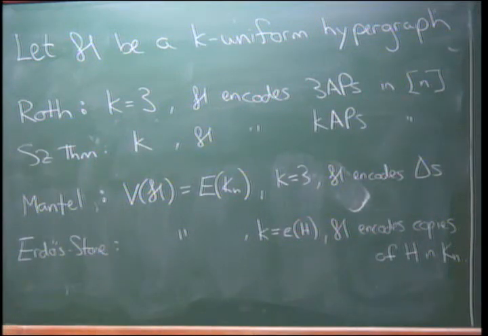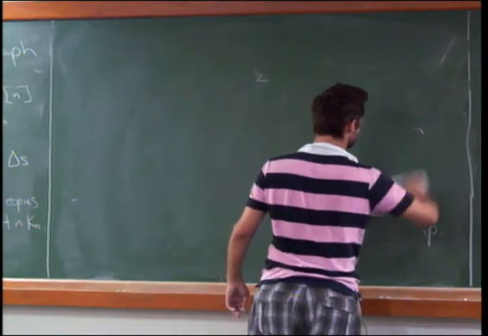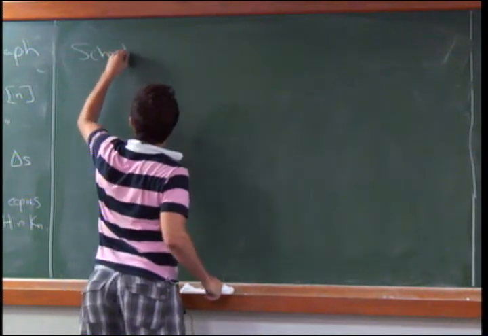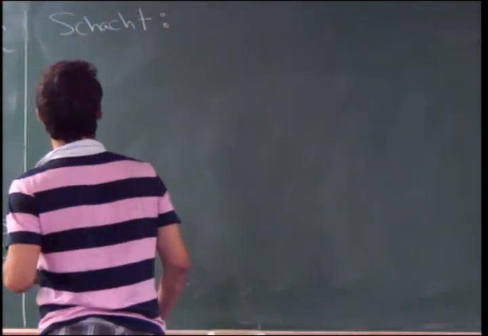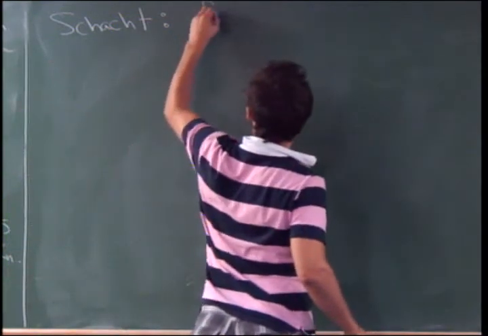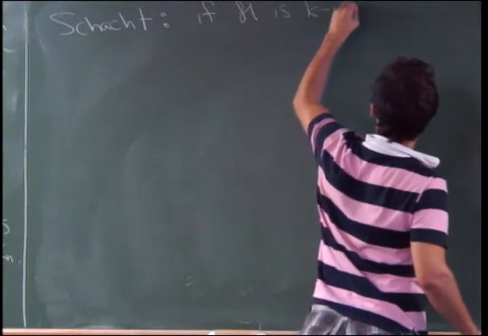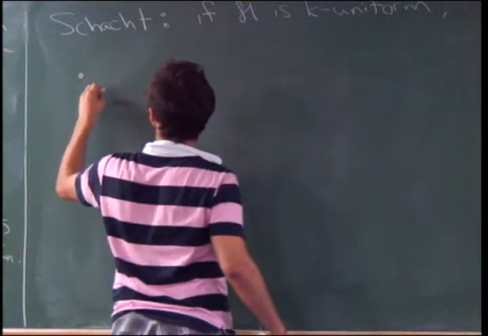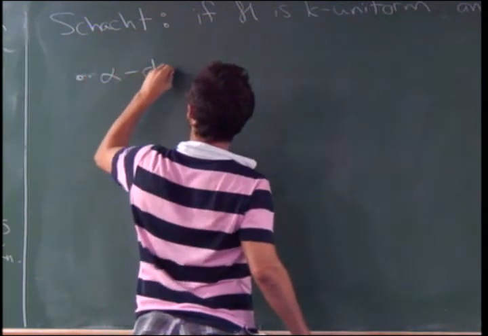So what does Schacht prove? Schacht and Conlon–Gowers prove slightly different things, I should say. So Schacht said something like the following. If H is k-uniform and satisfies the following two things, and is alpha-dense.